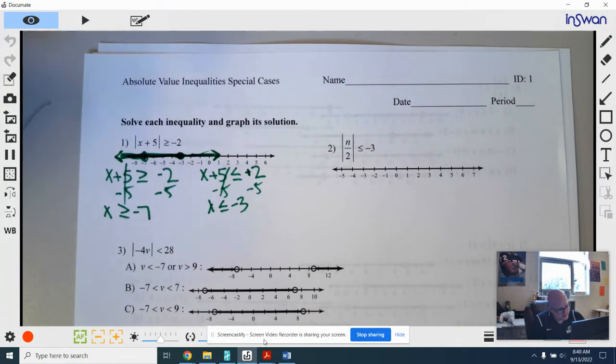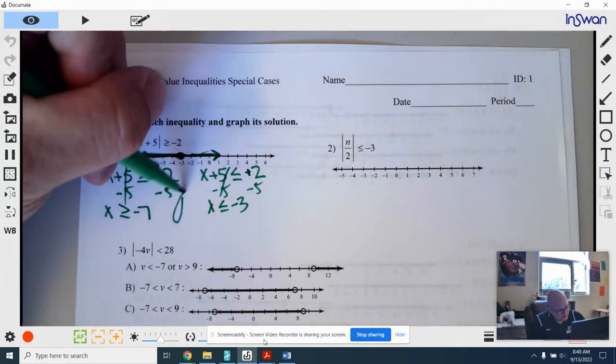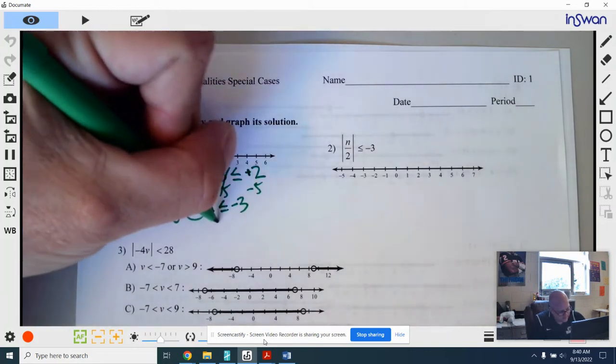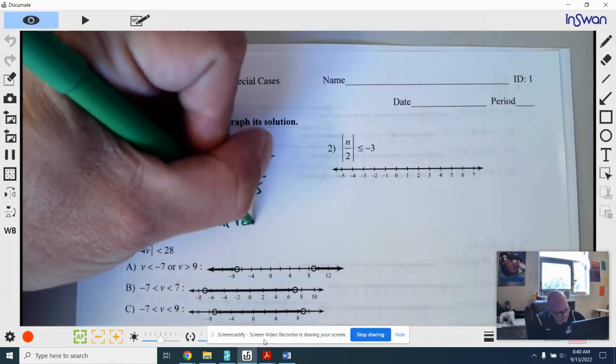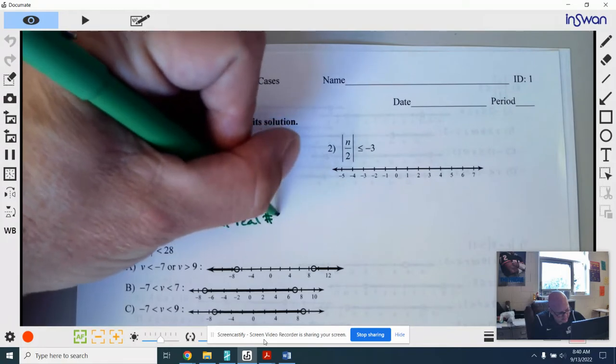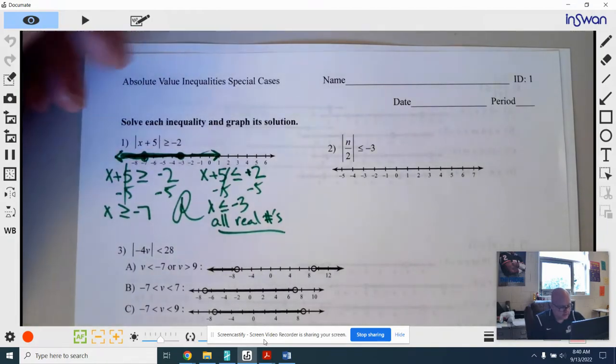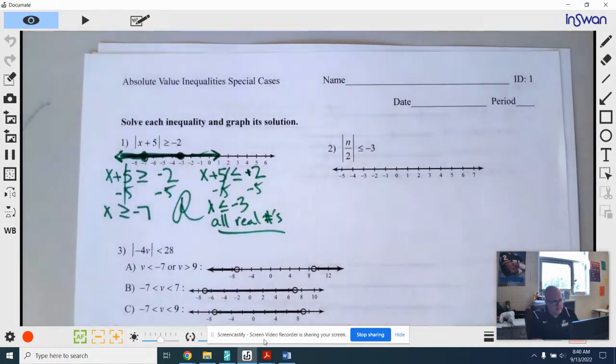So this is going to be what we call all real numbers. So either use a big fancy cursive R or just write out all real numbers. And again, that means that you can plug any number into this inequality and it's going to work. It's going to make a true statement.